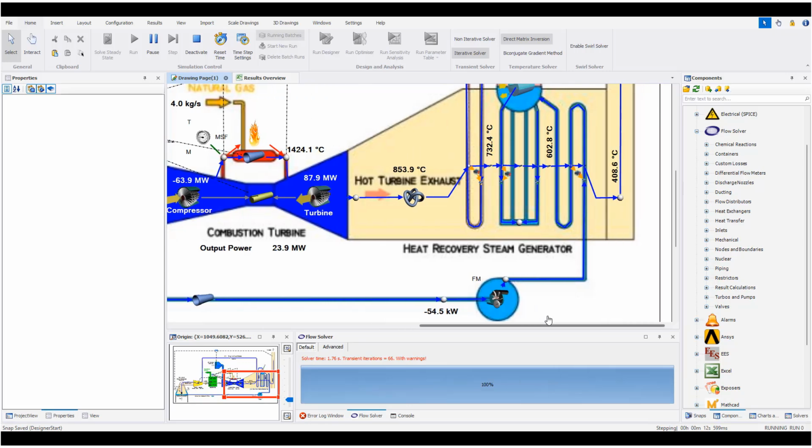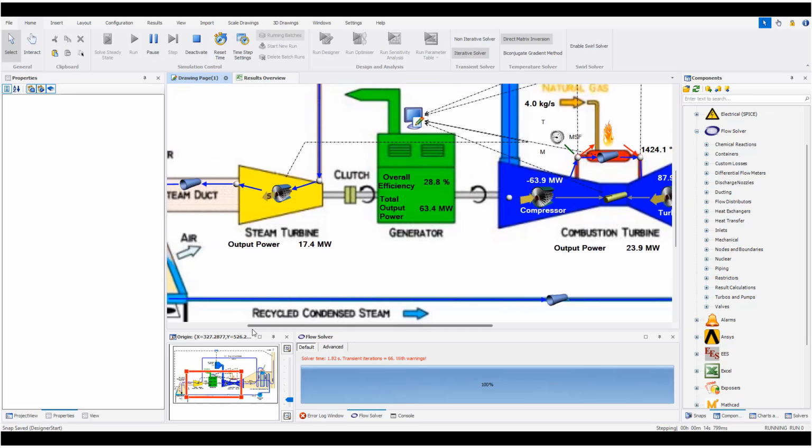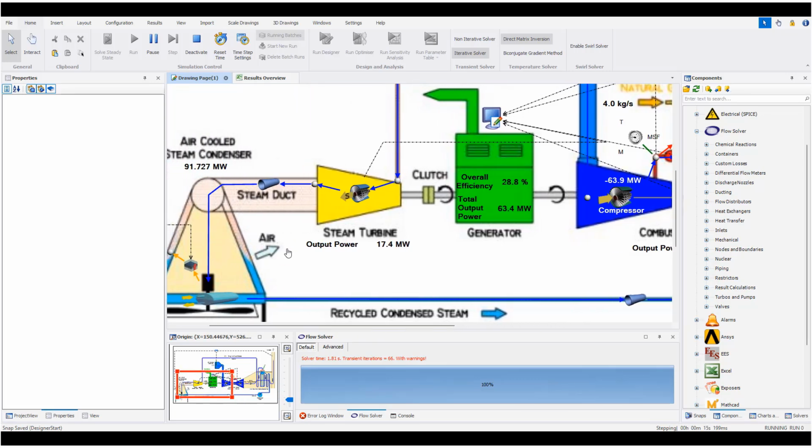We can maybe also see changes here to the temperature of the exit gas. We shouldn't see much because the output power is constant, but maybe changes to the steam cycle that we have here.